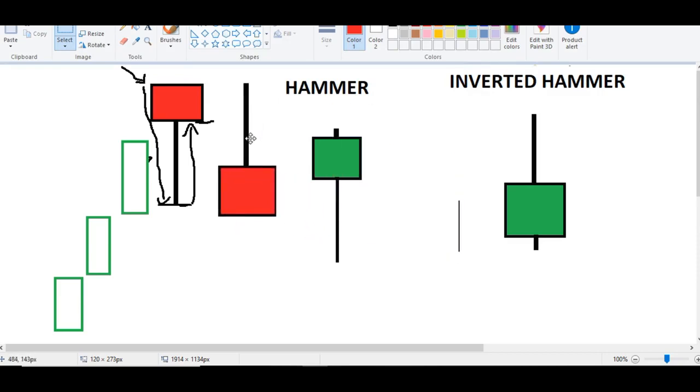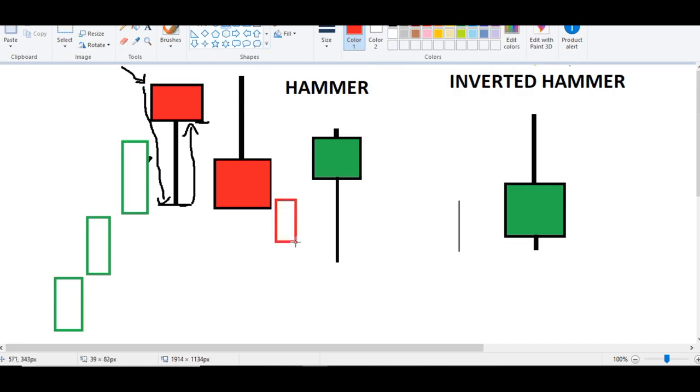Right? If we see an inverted hammer here, this is an even stronger signal of a trend reversal. Okay, now why is that?